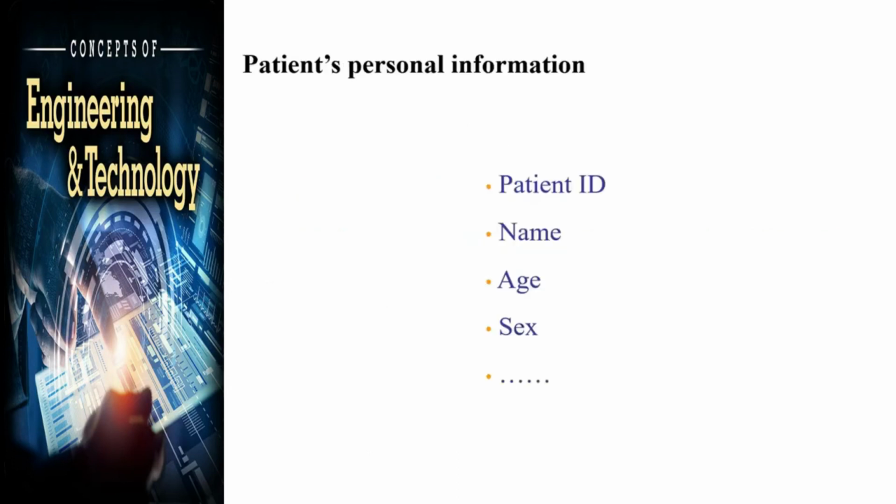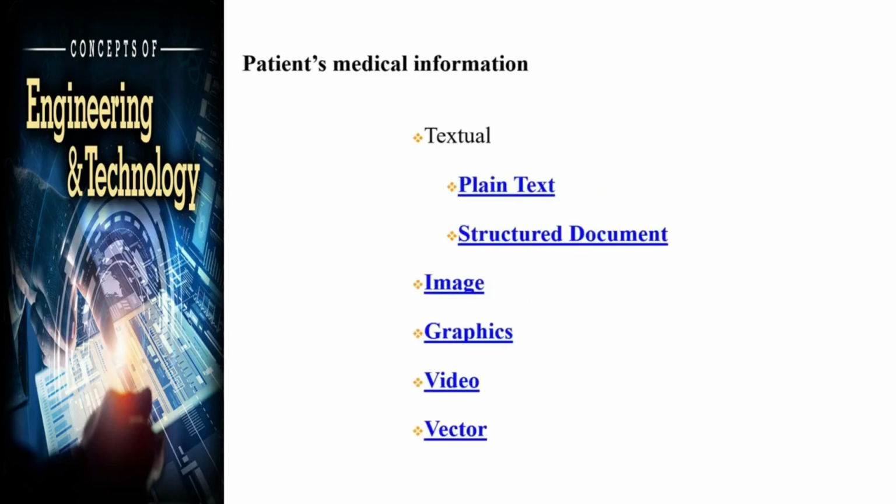When you look at the patient personal information, definitely a unique patient ID will be generated, along with the patient name, age, and gender, male or female. All those things have to be taken. Then patient medical information. This is very, very important. The patient medical information can be textual, so you'll be having plain text or a standard document.